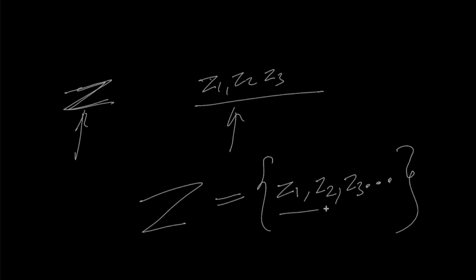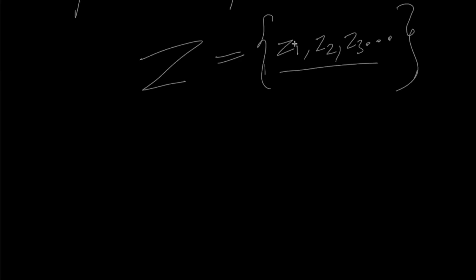So all these are known as elements of a set. Z is a set. These are the elements of the set. We use this one first before we put the elements in between the curly brackets. So this Z1, which is an element of Z, we can write like this: Z1 is an element of Z.